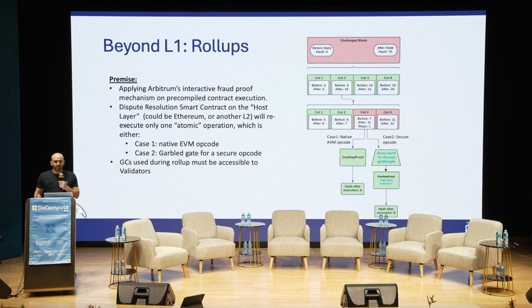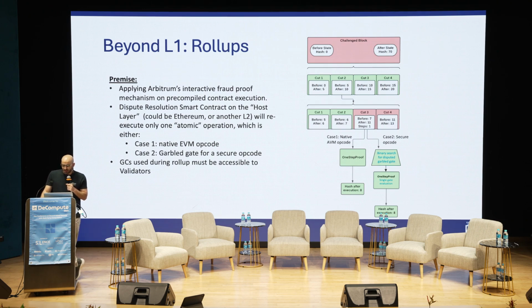And this decision has to be taken on the contract on Ethereum. Arbitrum's idea was that the decision of who is right and who is wrong will be very cheap if the contract has to run only one opcode. The process of finding which opcode it needs to run is called the bisection protocol.